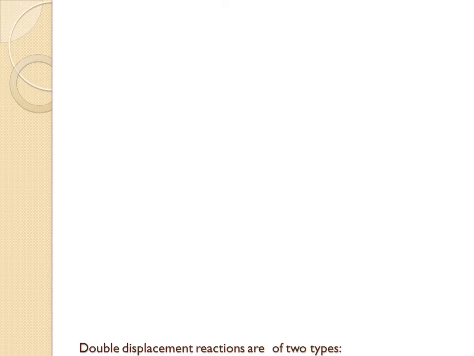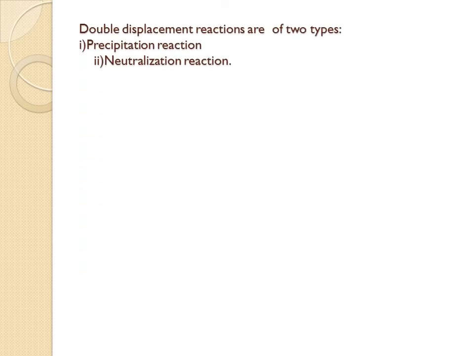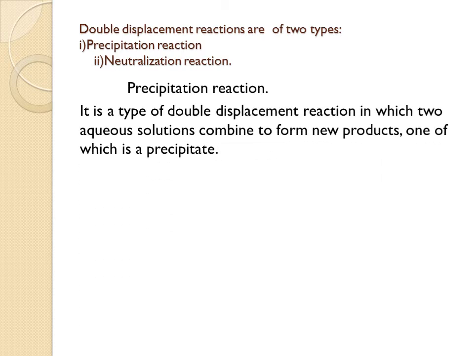Double displacement reactions are of two types: precipitation reaction and neutralization reaction. Let us study precipitation reaction. A chemical reaction in which two compounds in their aqueous solutions react to form an insoluble solid as one of the products is known as a precipitation reaction.